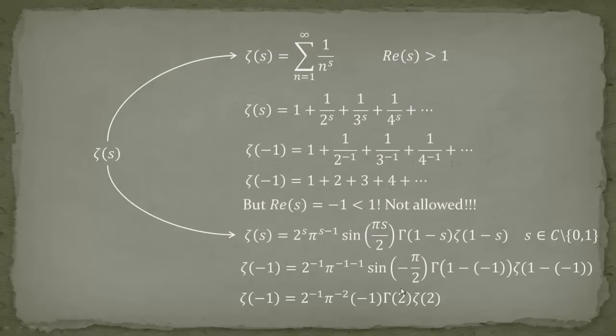The sine of minus pi half will give you a value of -1, and we get gamma of 2 because minus and minus will cancel, so we get 1 plus 1, which is gamma of 2, and then we get zeta of 2. This looks nice, but we have to think about both of these functions.